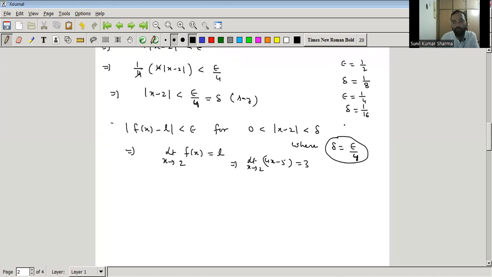So when epsilon changes, delta changes. It means delta depends upon epsilon. That's why we said that in the definition, this delta depends upon epsilon. It may be equal, it may be double of epsilon, it may be half of epsilon, it may be 1/4 of epsilon. That we have to find. This is just for thinking.